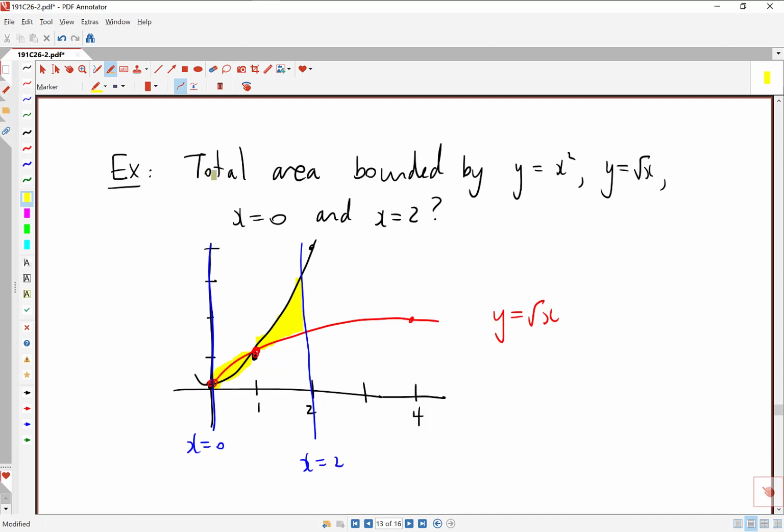So you can see that's why it says total area, because what we're going to have to do is find the area of each of these two little regions, and then we'll have to add them up. So the way we might approach this is we could say this one here, let's call that area 1, and this one here, let's call that area 2. So we'll do two separate calculations to get those, and then at the end of the problem we'll say area is equal to area 1 plus area 2.